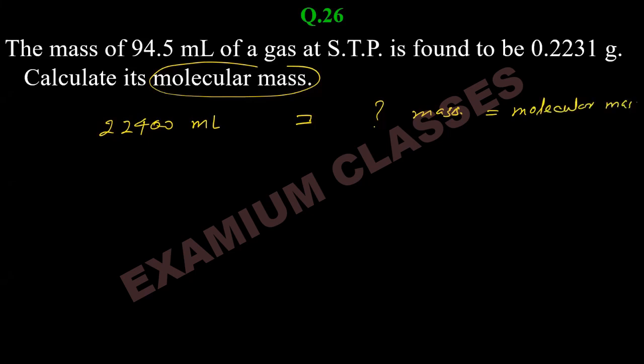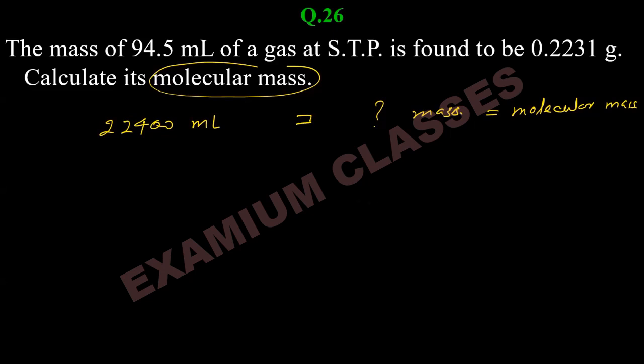Molecular mass is nothing but the molar mass represented in u. Other way around, molar mass is equal to molecular mass represented in grams. These are the same thing. For example, for an oxygen atom, molar mass will be 16 grams and molecular mass will be 16 u. That's the only difference, but the figure will be the same. So if I have to calculate the molecular mass, I can calculate the molar mass.